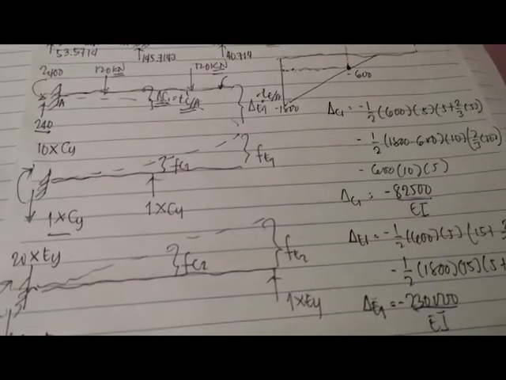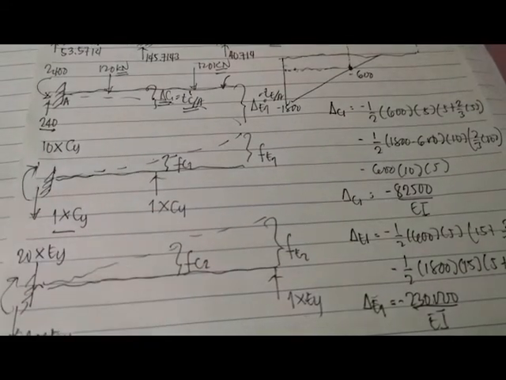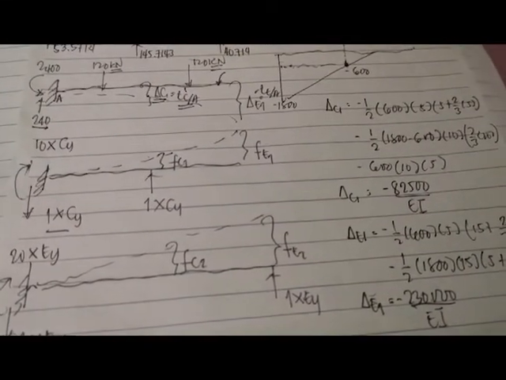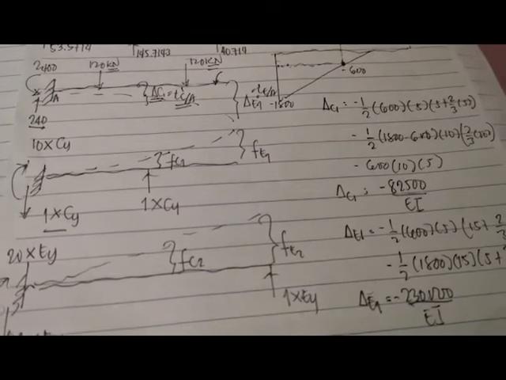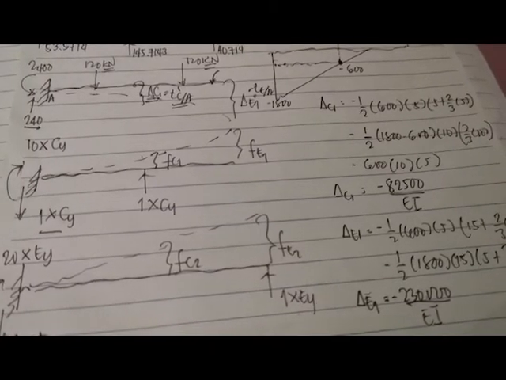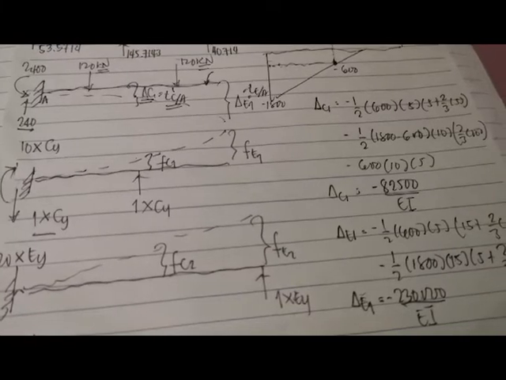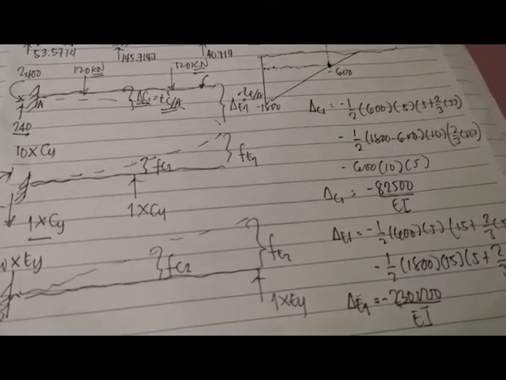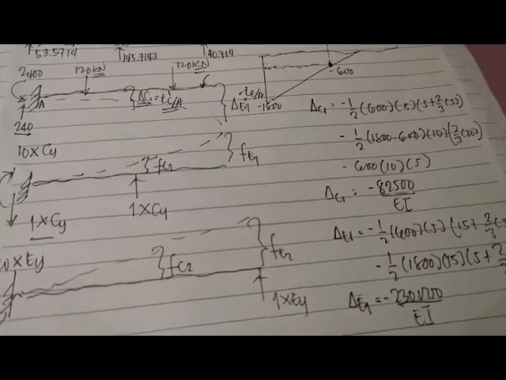Now for your moment, 2,400 minus 10 times CY, where CY is again 145.7143, minus 20 times 40.7143.